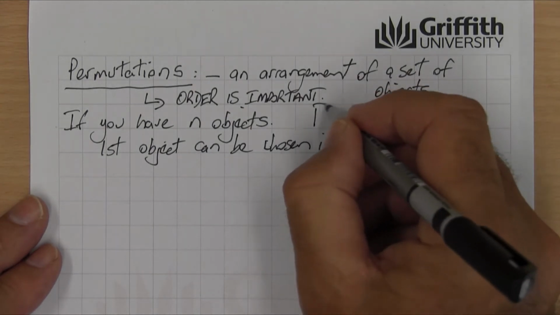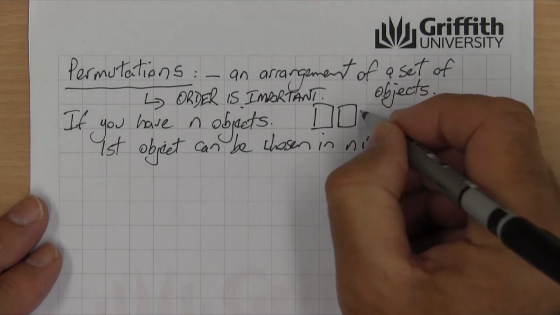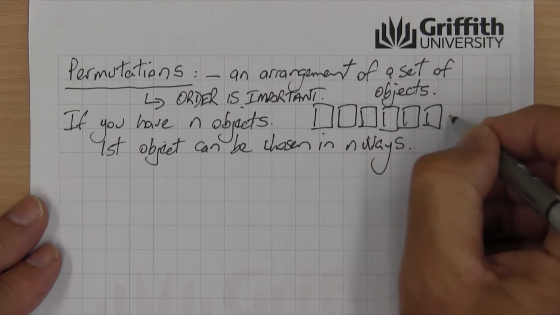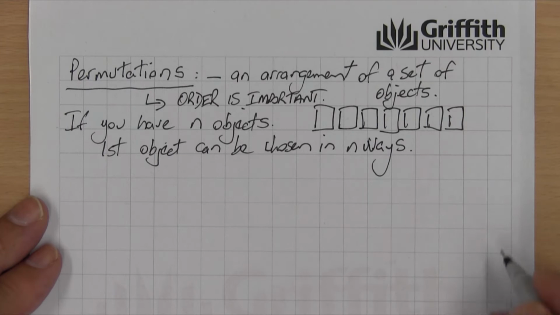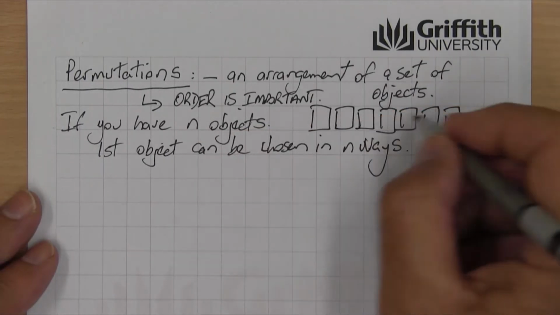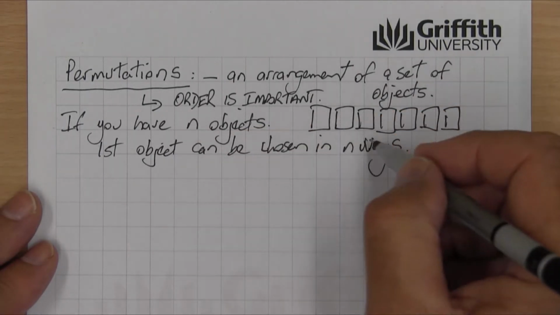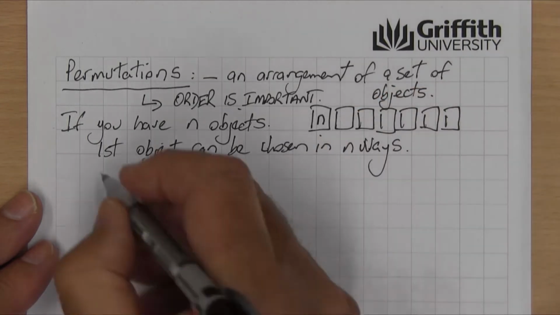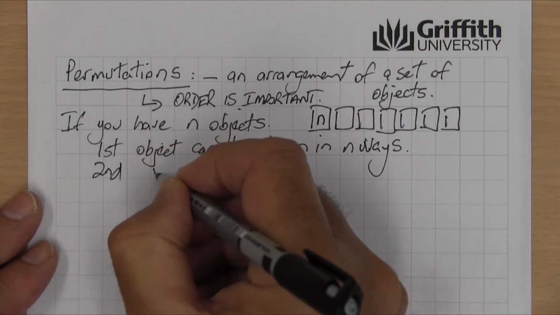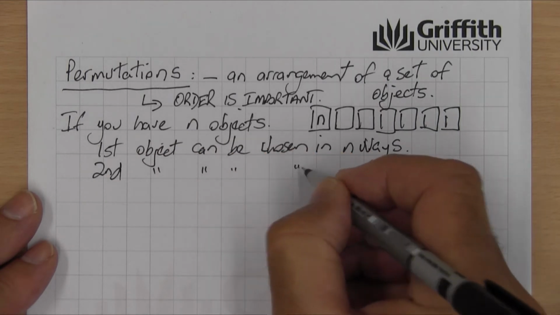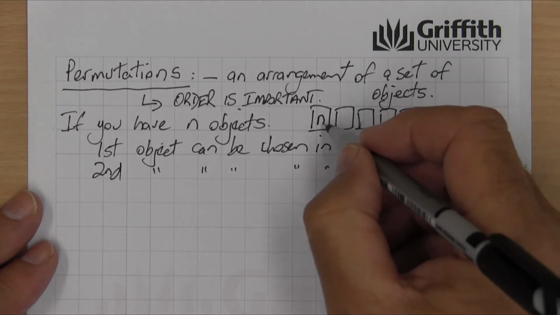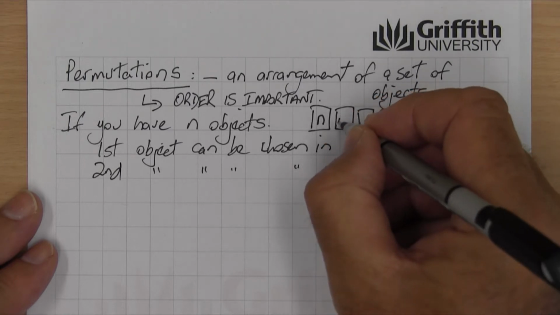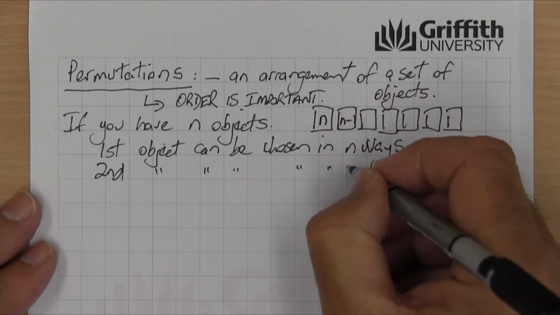So you've got n objects, n will be a number. The first object, we can choose it in n ways. The second object can be chosen in, now if we've already used 1, there'll be 1 less than n, which is n minus 1.